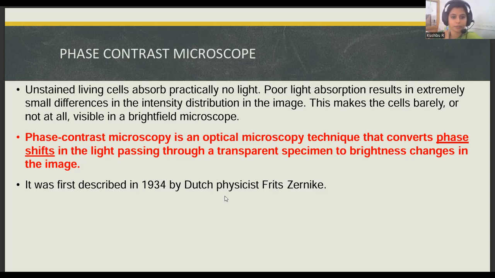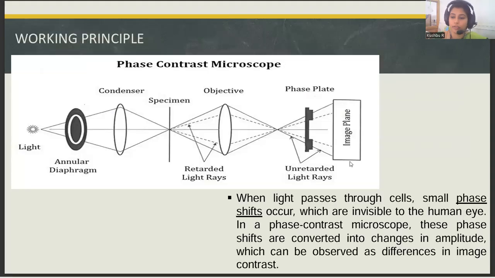This is how the ray diagram of the phase contrast microscope goes. Here we have the light, that is the source, and there is a series of objective lenses, or magnifying lenses, arranged. We have the annular diaphragm. This annular diaphragm has numerous annular grooves that enable the light to pass through it.